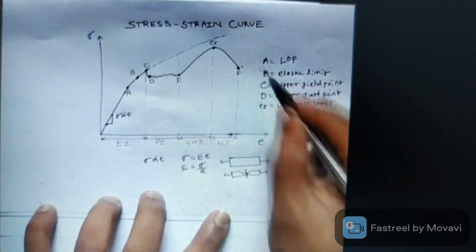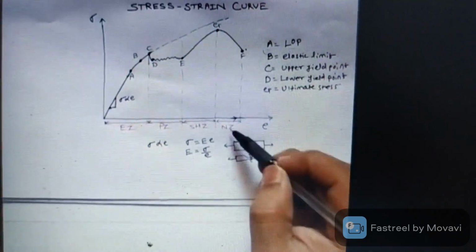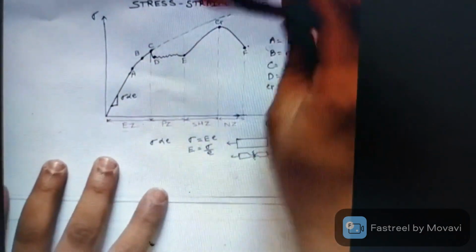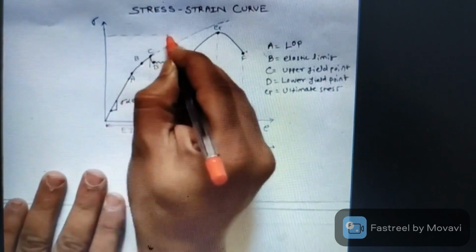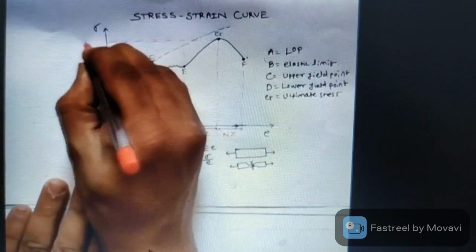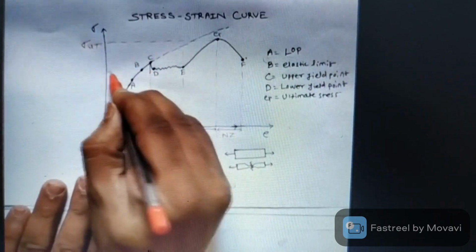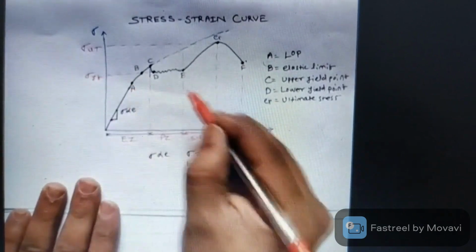So F is the fracture or necking point, and this zone is called the necking zone. The stress corresponding to point G is our sigma ut, the ultimate stress, and this is our sigma yt, the yield point stress.